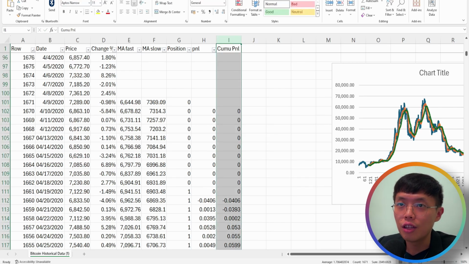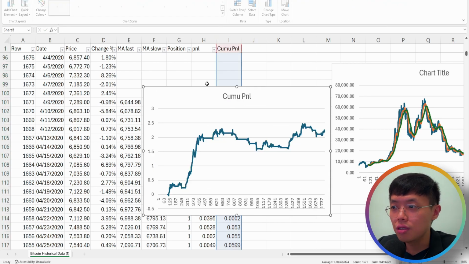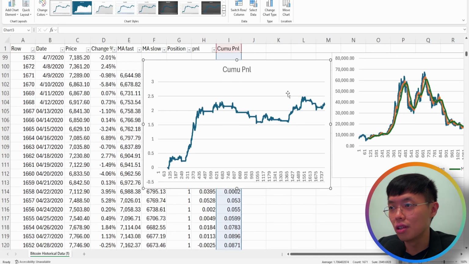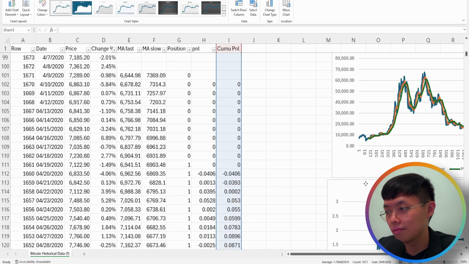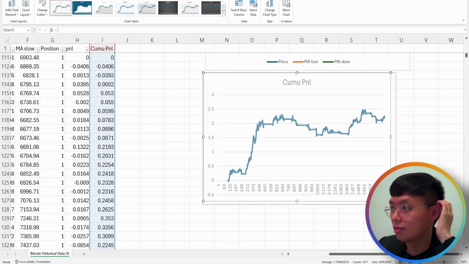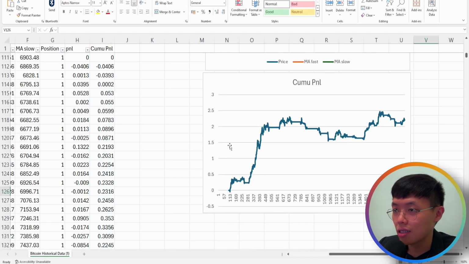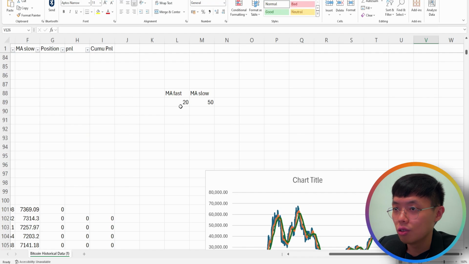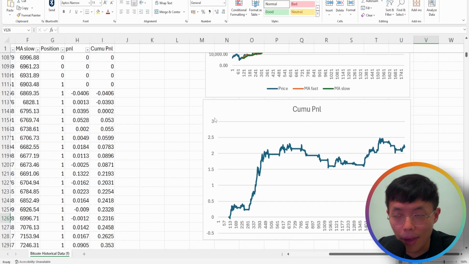And if we draw the equity curve, we can just do it like this. And then we can see, right now we have our equity curve. So if you guys can see, by using the 20 and 50 MA cross strategy, we can get up to 2.5x profit.